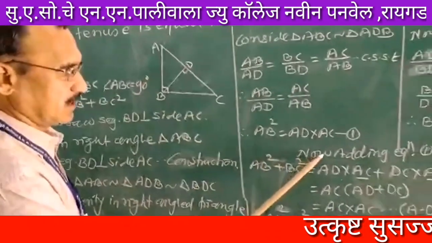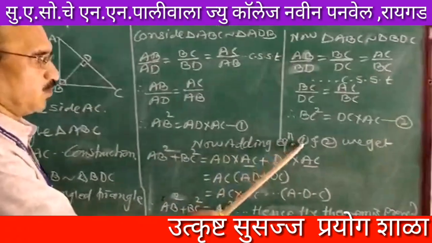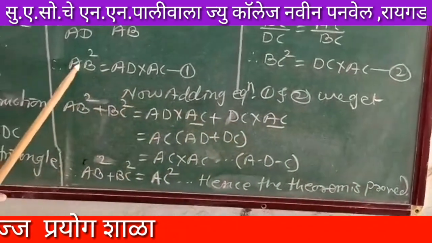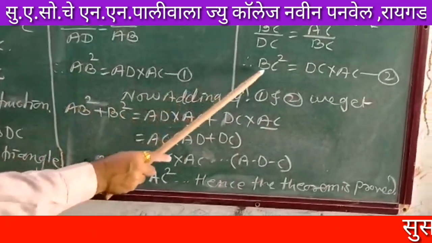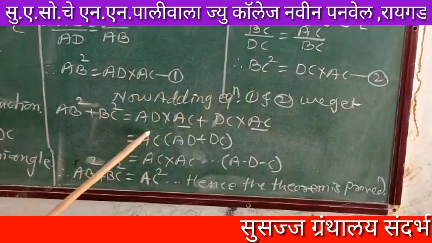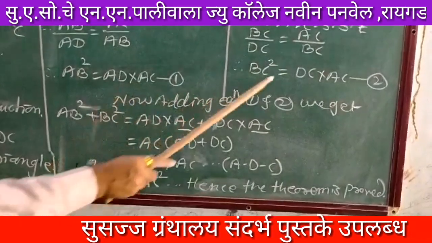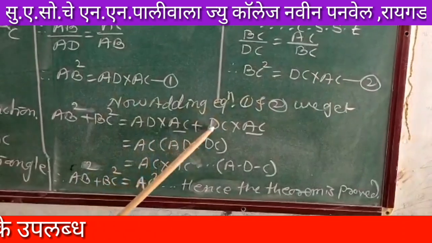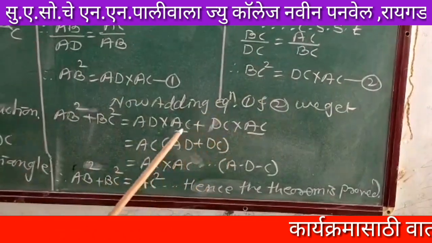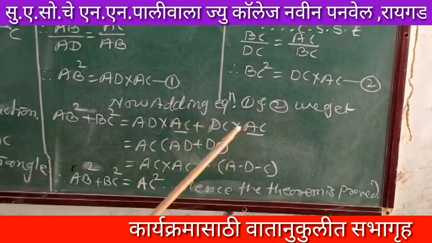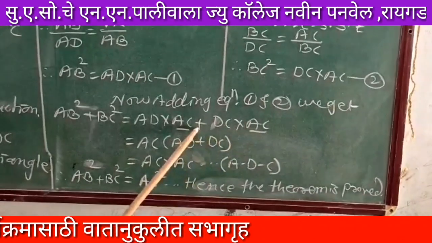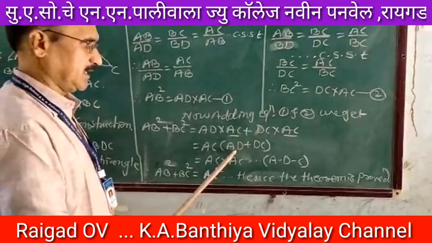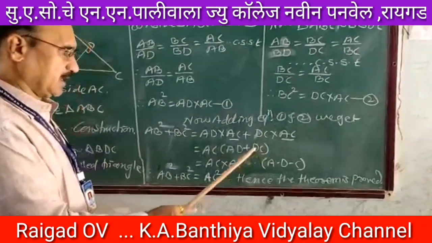Now adding equation 1 and 2, what do we get? AB square plus BC square is equal to AD into AC plus DC into AC. AC and AC is common on both sides of the plus sign, therefore take AC common. Remaining terms as they are, that is AD plus DC.